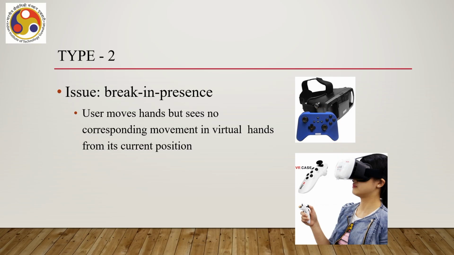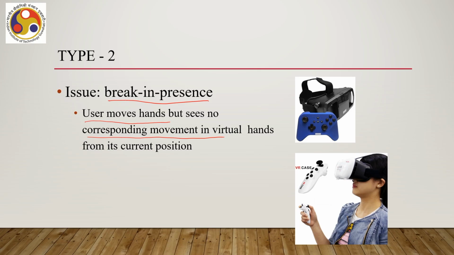Now, one issue with such controllers can be the issue of break in presence. What it means is that since the controllers are not tracked by the overall VR system, the user may be moving hands, but does not get to see any corresponding change in position of the virtual hands in the virtual world.